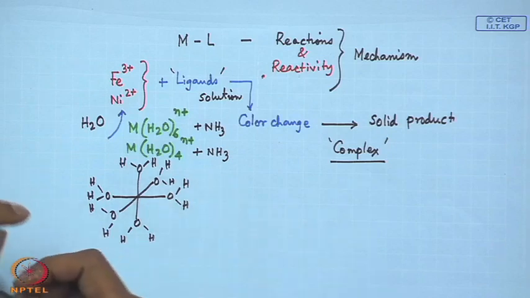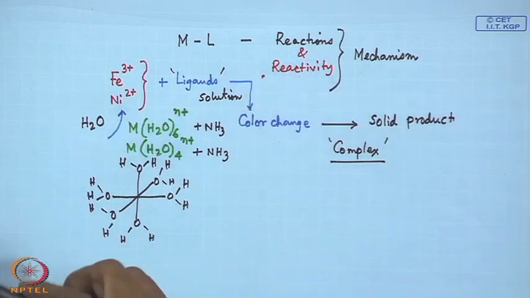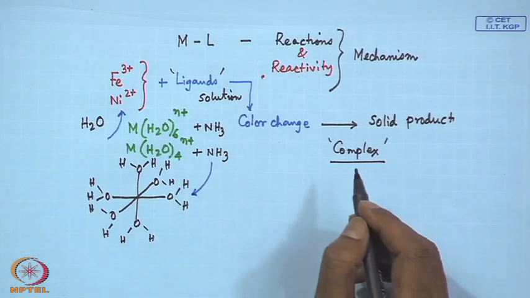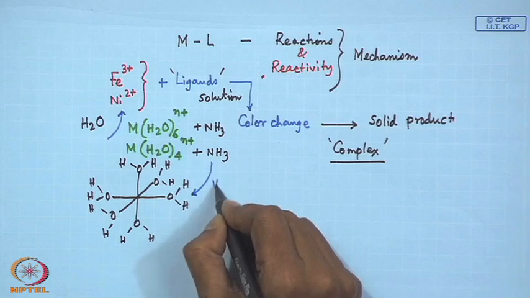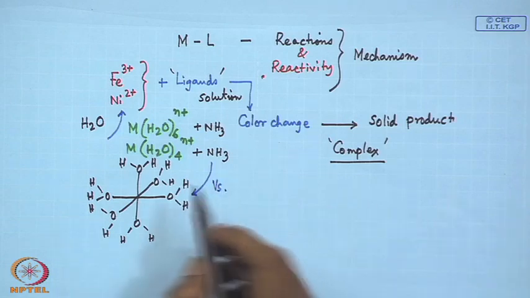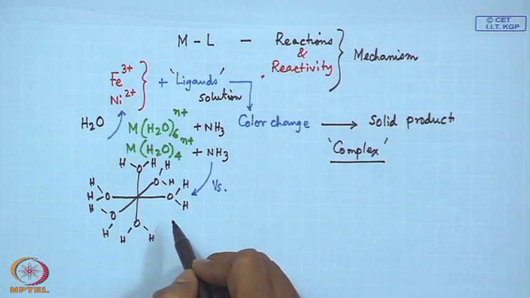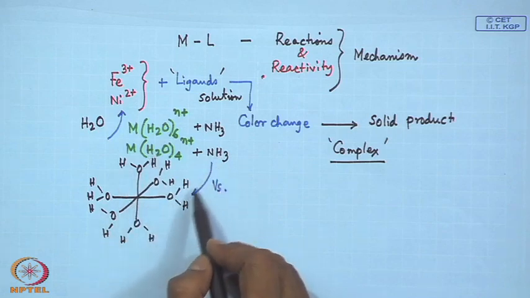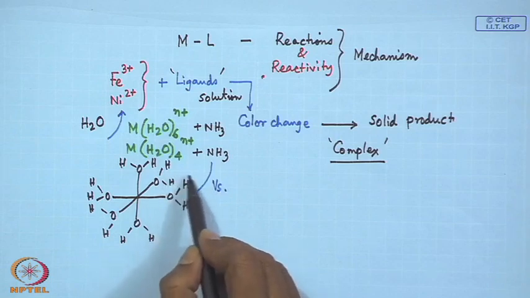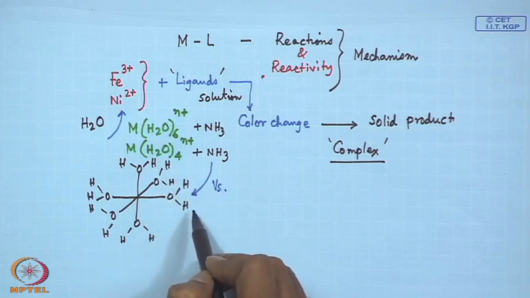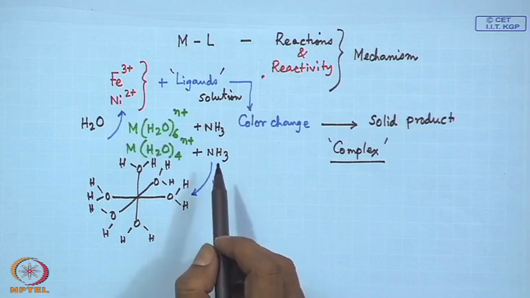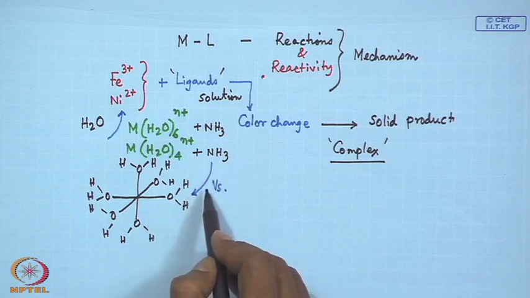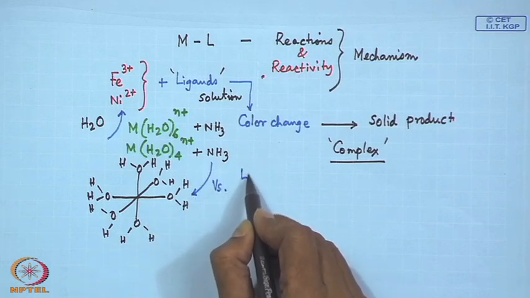What we find is that these ammonia molecules will come and substitute these water molecules. So, we can compare the reactivity pattern of ammonia and water, because why will this water molecule leave the coordination sphere of, say, iron or nickel when ammonia is coming to replace the water molecule as its original ligand? What we find in terms of the reactivity of these aqua complexes is a ligand substitution reaction.